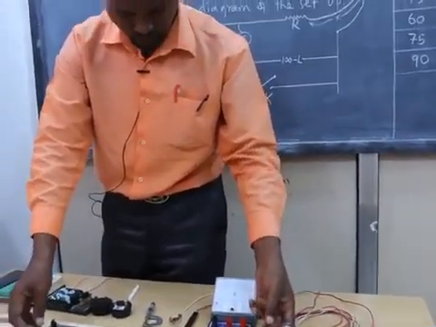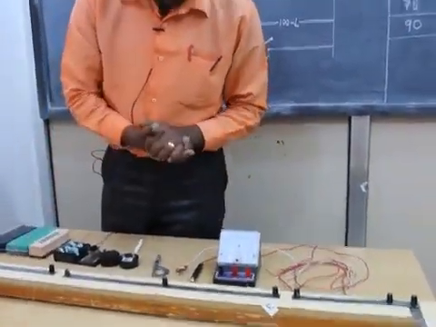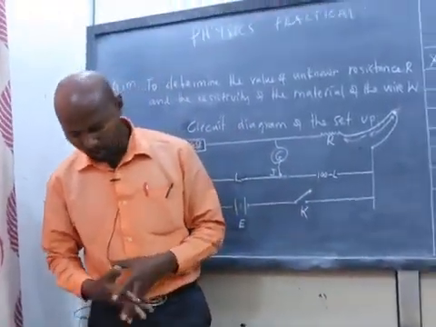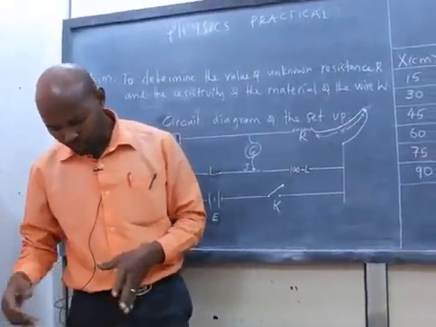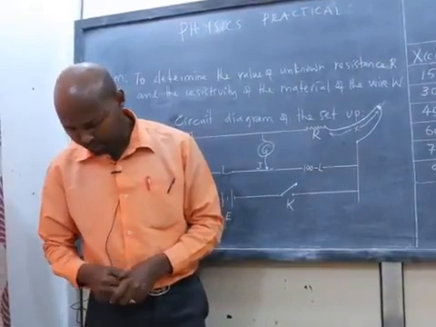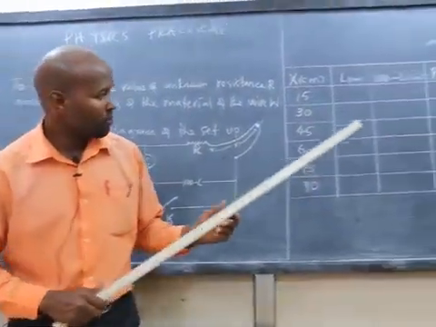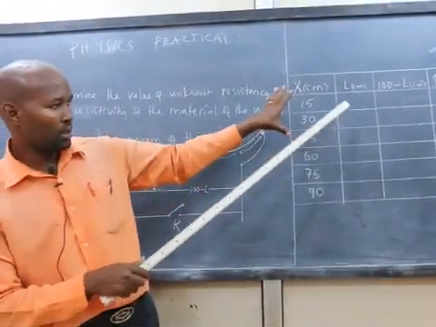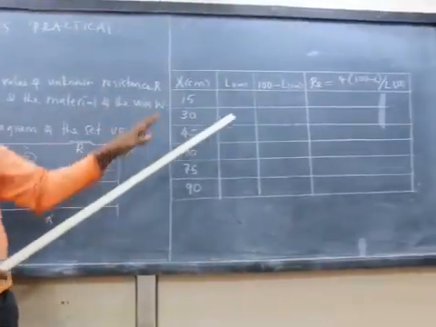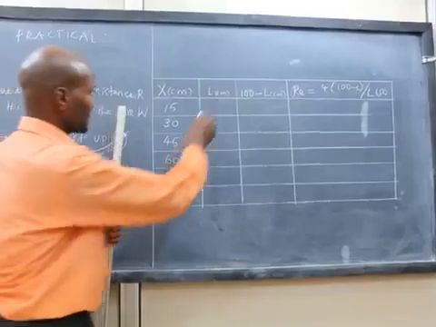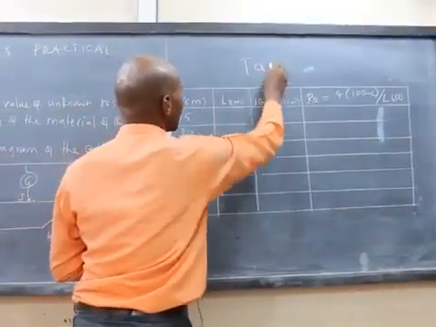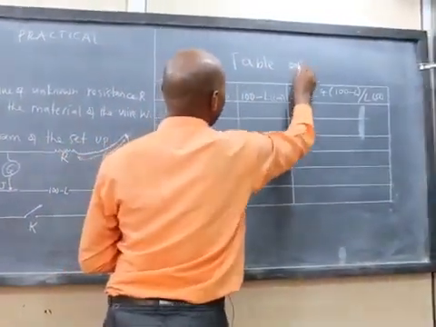Now, according to the procedure in the question paper, we'll start performing the experiment, but before that I want to show a table of results. We'll be recording our data in a table of results.